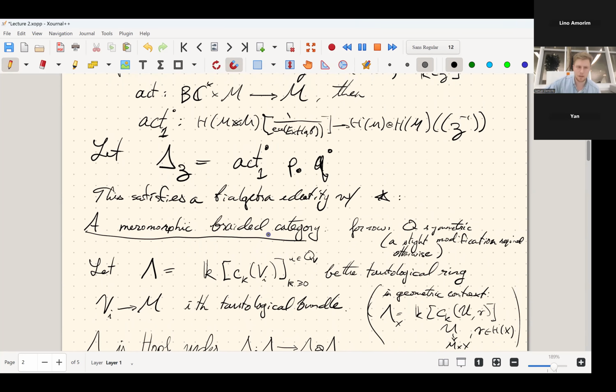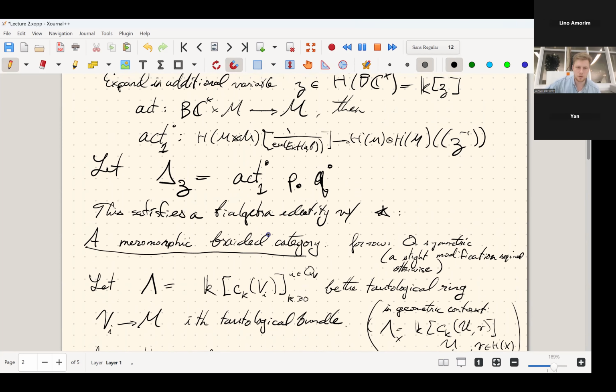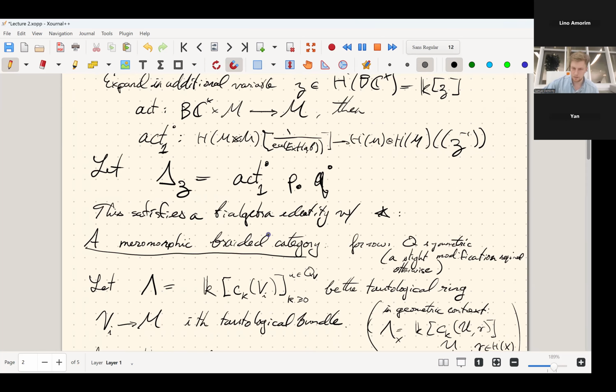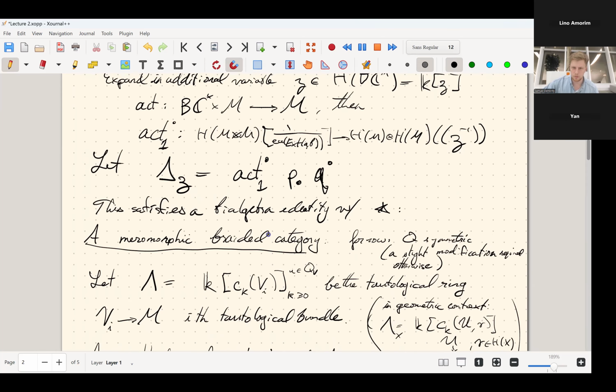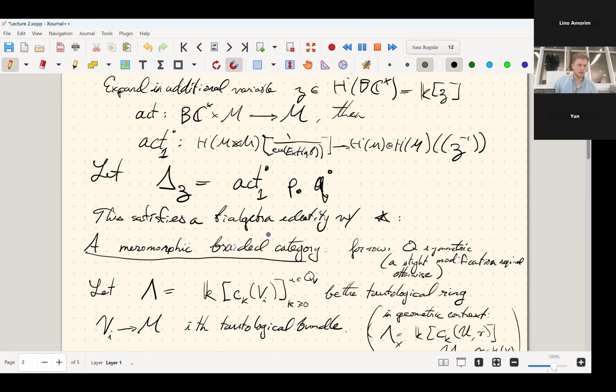So we have this map Act 1 star, which goes from this localized cohomology ring of the product to the ordinary cohomology ring with a new variable inserted.